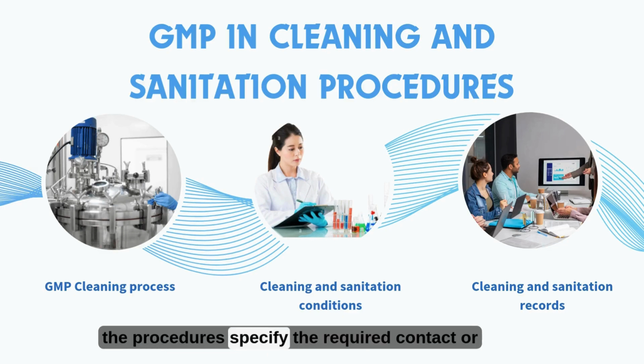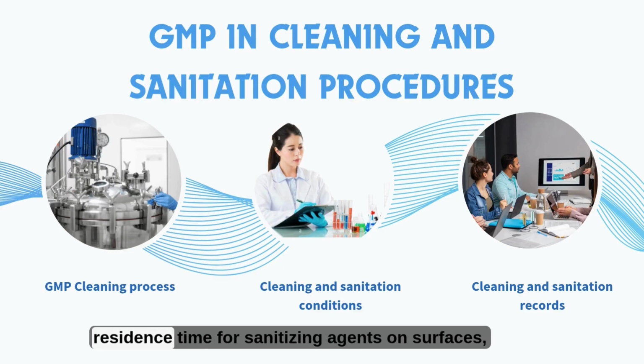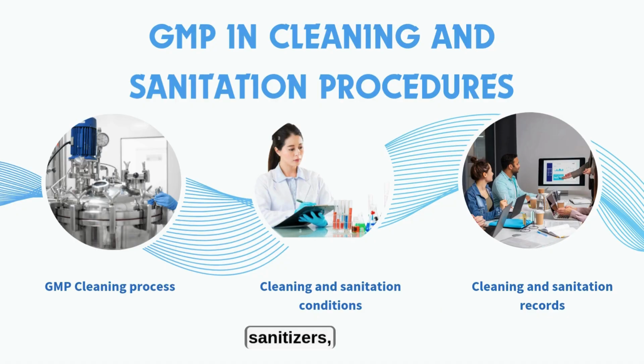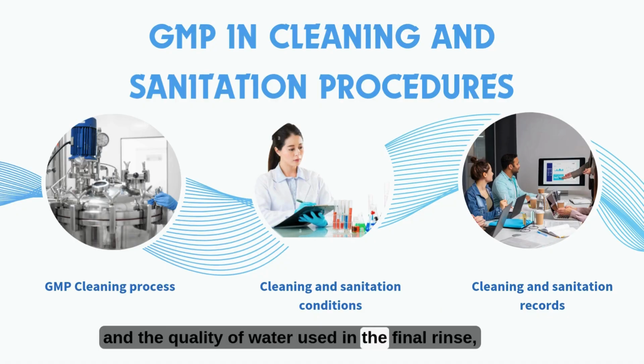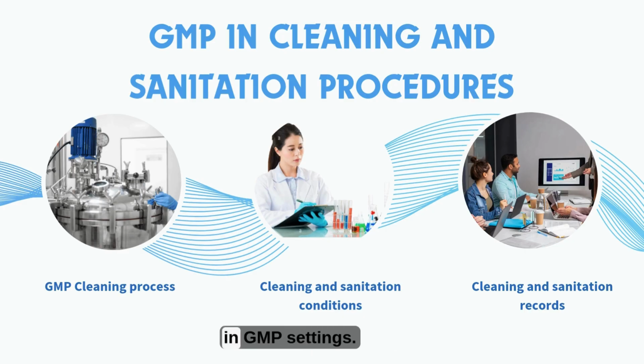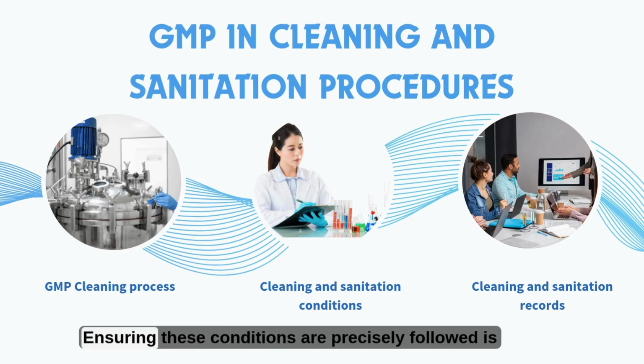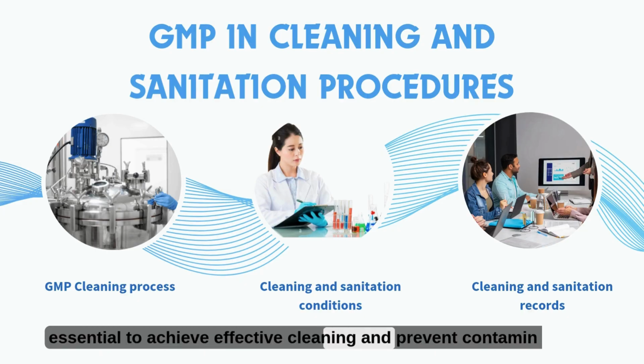Additionally, the procedures specify the required contact or residence time for sanitizing agents on surfaces, the agents used for removing residues or sanitizers, and the quality of water used in the final rinse, often requiring purified water or water for injection in GMP settings. Ensuring these conditions are precisely followed is essential to achieve effective cleaning and prevent contamination.